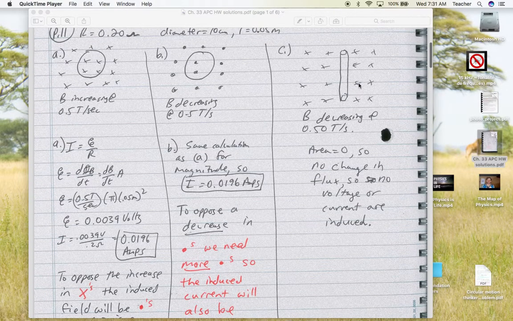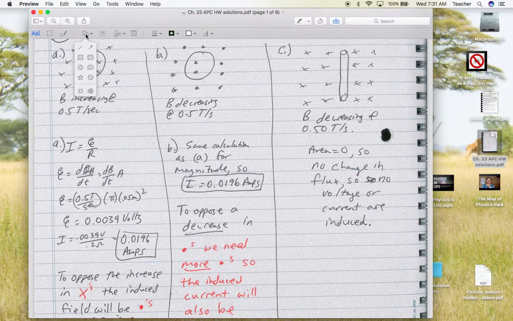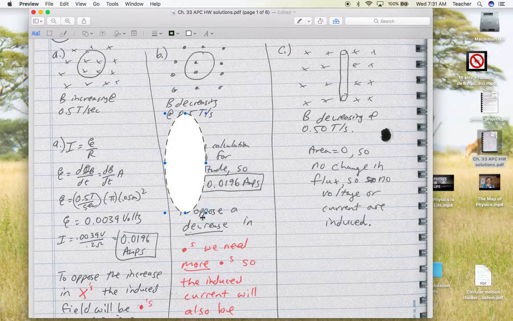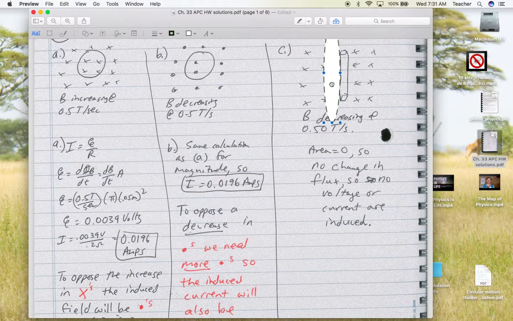Here, this loop, it's kind of hard to visualize, but basically it is in a plane, the page like this. So it's kind of hard to see that. So you're only seeing the wire at the bottom and the wire at the top. Because of that, the A cos θ in BA cos θ is 0.